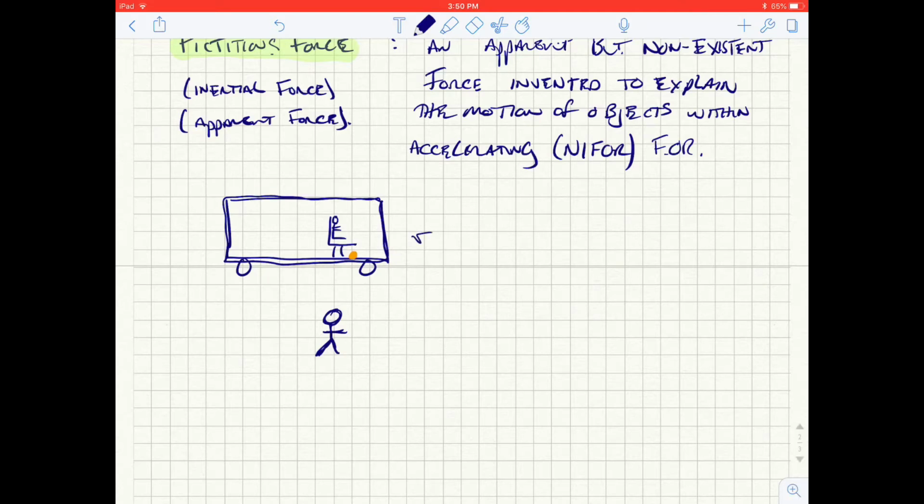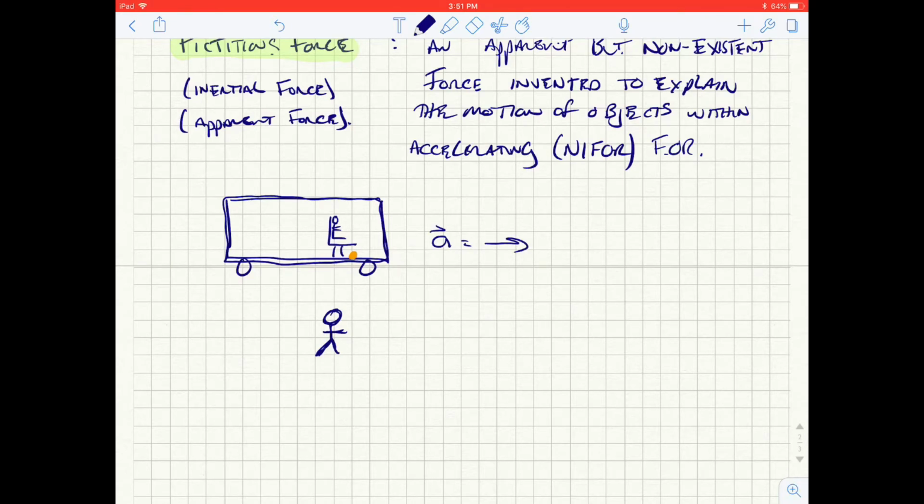If this bus is traveling at constant velocity, we also observe that everything is normal, that the law of inertia holds. The orange is at rest relative to its frame of reference. It's moving at constant velocity relative to us. All the laws of physics are true. Everything is fine.